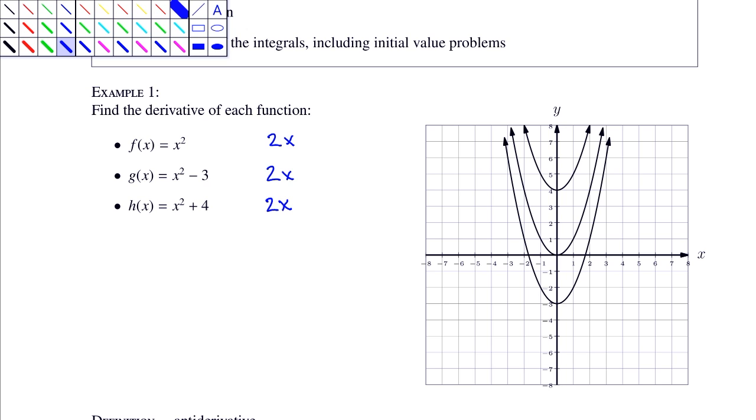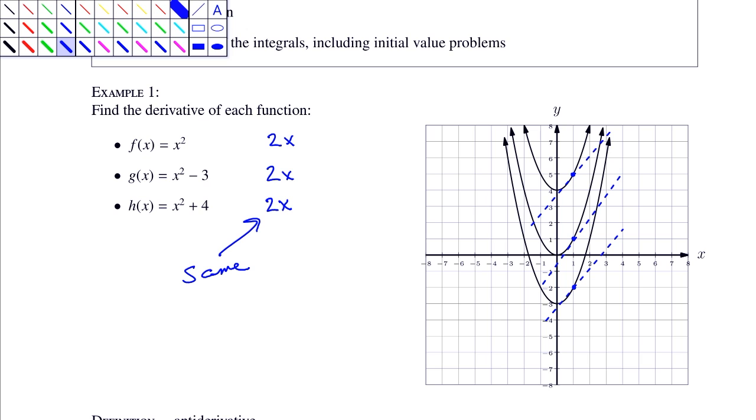They're all the same, right? These are all the same. That is correct. I've graphed all three of these functions over here. What you should notice is that if I pick a point on each of these where x is equal to 1, and then I draw the tangent line through each of these, doing the best I can here, if I've done it right, they should all be parallel.